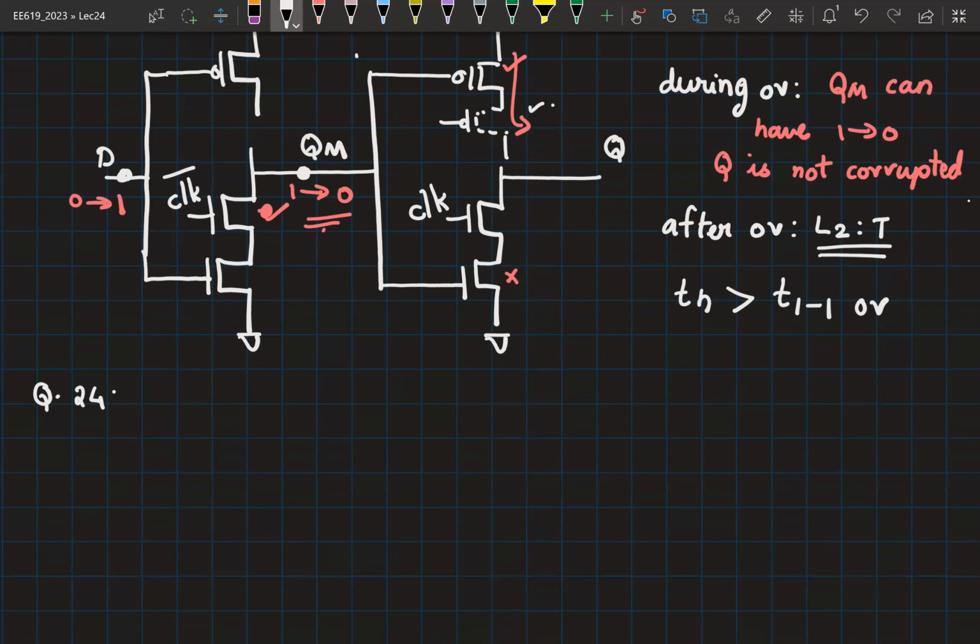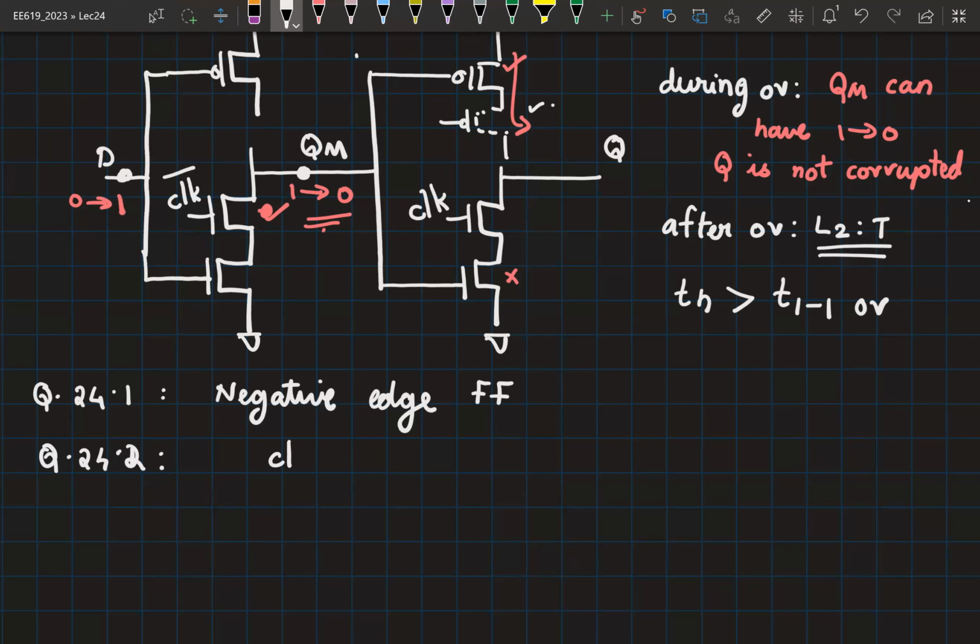So you analyze the same conditions that we have discussed now for a negative edge triggered flop. And you also analyze it when clock is the delayed version of clock bar.